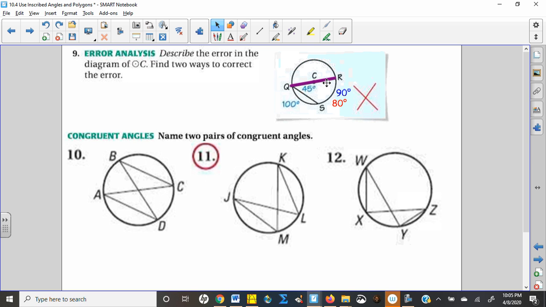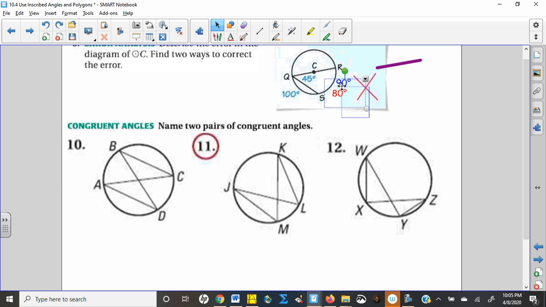One of these measurements must be wrong. So how could you correct this error? Well, you could either say that the inscribed angle is incorrect and make it 40, or you could say that the arc QS was measured incorrectly and it's really 90, or you could say that QR itself could not have been the diameter.